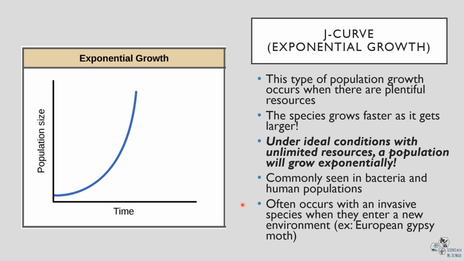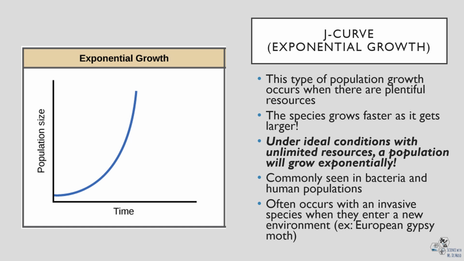So this exponential growth is often seen with invasive species as well. So a new organism gets brought from one country to another, a new environment, and it actually ends up flourishing, either because it doesn't have any natural predators or because it's a perfect environment for this new organism.